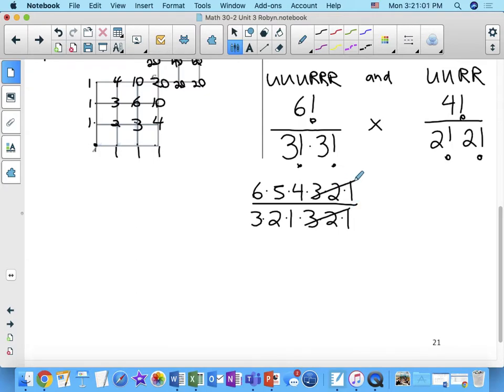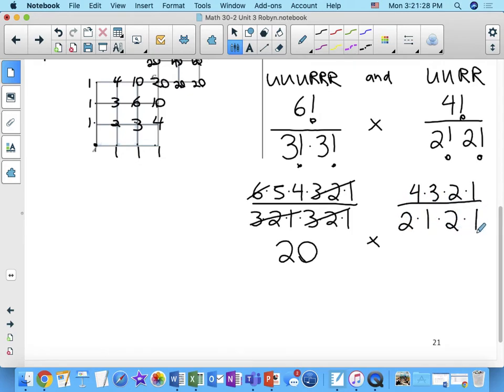And then what's this 3 times 2 times 1 equal to? 6. So I can cancel that with the 6. So that's equal to 5 times 4, 20, times 4 times 3 times 2 times 1, over 2 times 1 times 2 times 1.